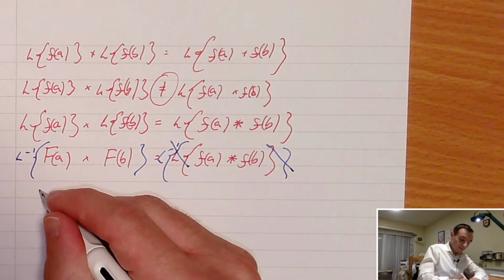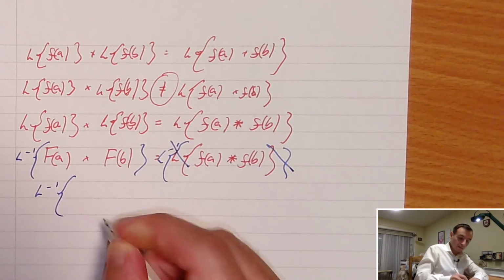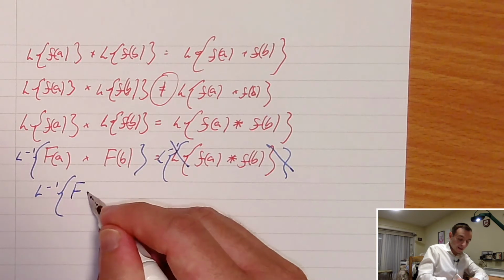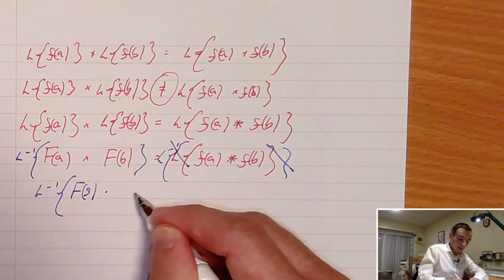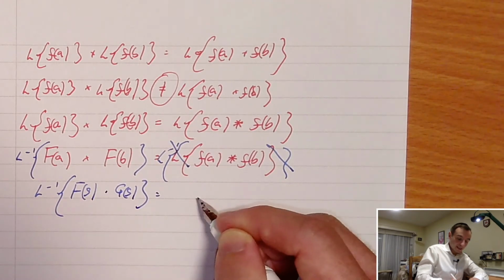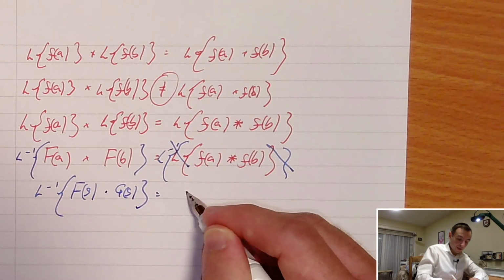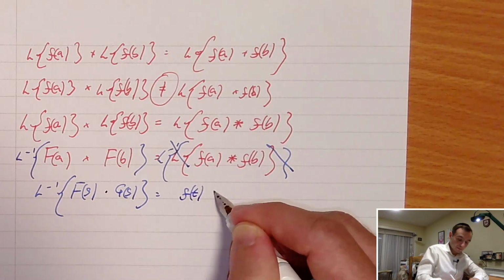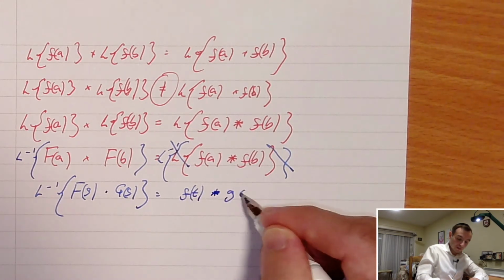In other words, the inverse Laplace transform of something like F of s times G of s is going to be equal to f of t convolved with g of t.